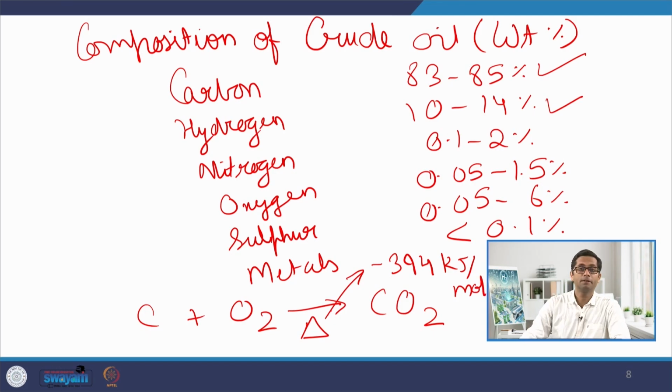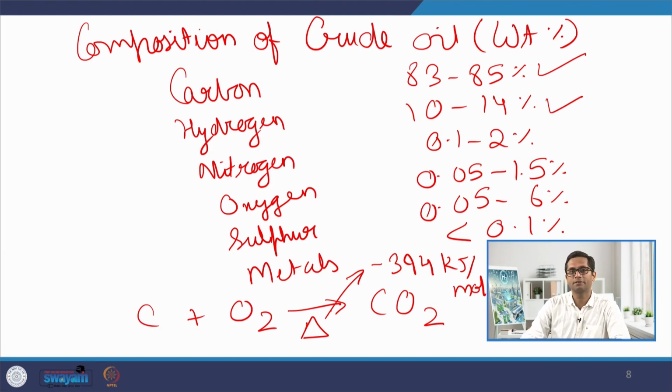So let me repeat it again. When I am using fossil fuels, I am essentially using the carbon content of those fossil fuels, reacting it with oxygen and producing one molecule of CO2. Now this is an exothermic reaction which will produce energy, and for 1 mole of CO2 that is produced, I would be emitting 394 kilojoules of energy.